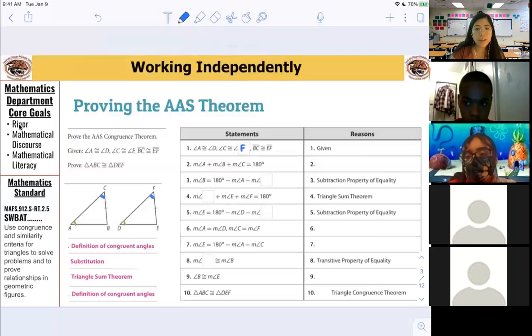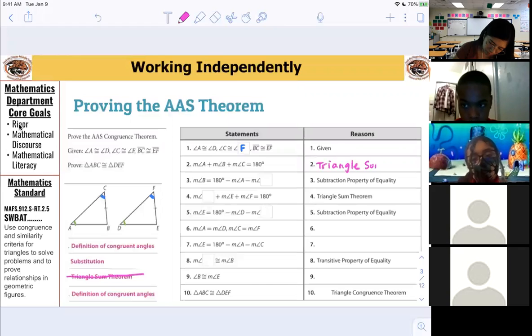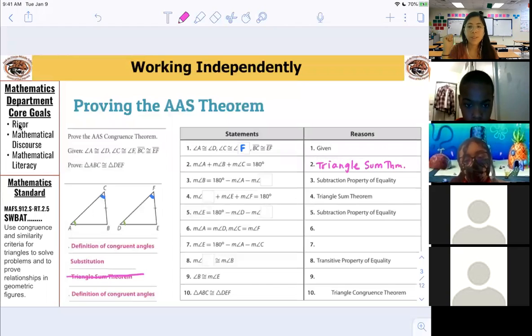Tyrone, can you read the second statement and then tell me the reason? Measure of angle A plus measure of angle B plus measure of angle C equals 180. Good, and what's the reason for that? Is it the triangle sum theorem? Yes, sir. Triangle sum theorem. Perfect.